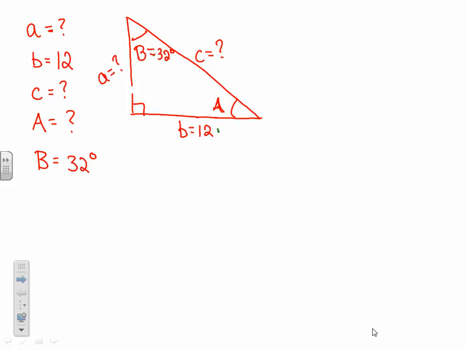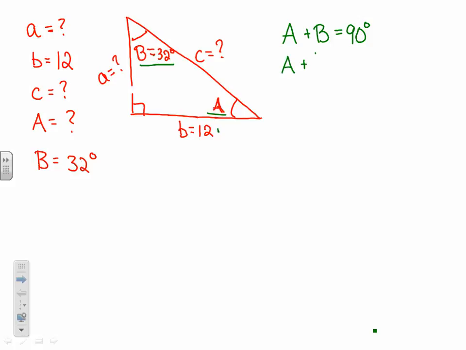Now, I'm going to pick the low-hanging fruit to start. One of the things that I see here is that I do know angle B. And I also know that angles A and B need to add up to 90 degrees. Remember, there's 180 degrees in a triangle. And so angle A plus angle B should equal 90 degrees.